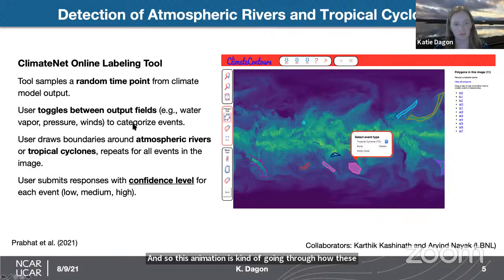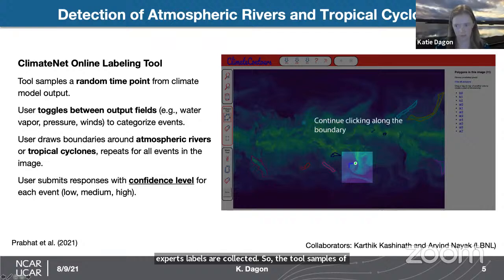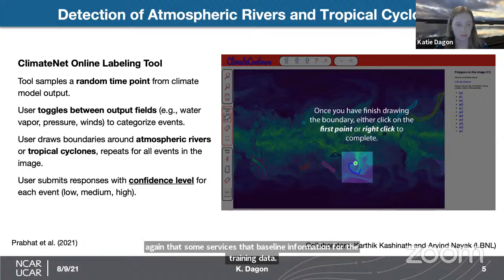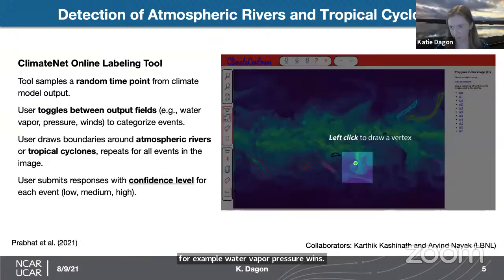So the tool samples a random time point from climate model output, because again, that serves as the baseline information for the training data. But the user can toggle between different output fields, for example, water vapor, pressure, winds, whatever knowledge or information is most useful to categorizing these events.